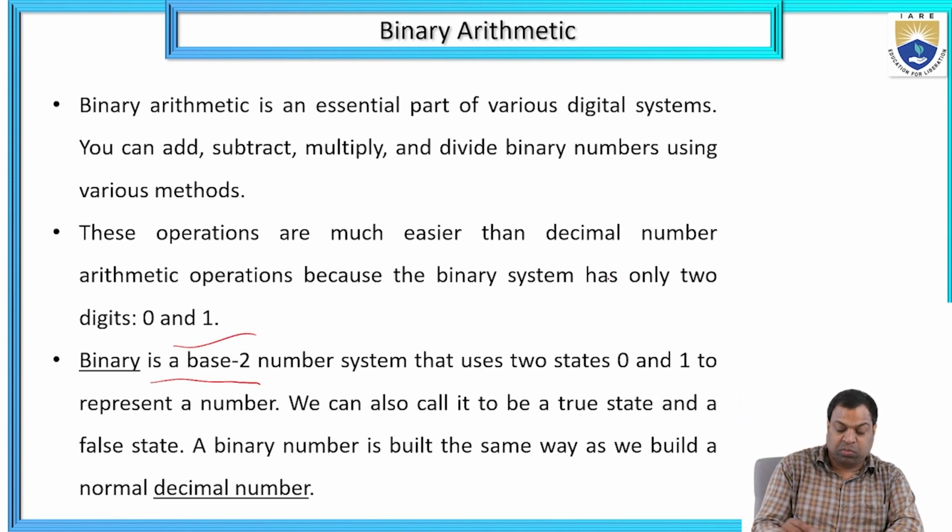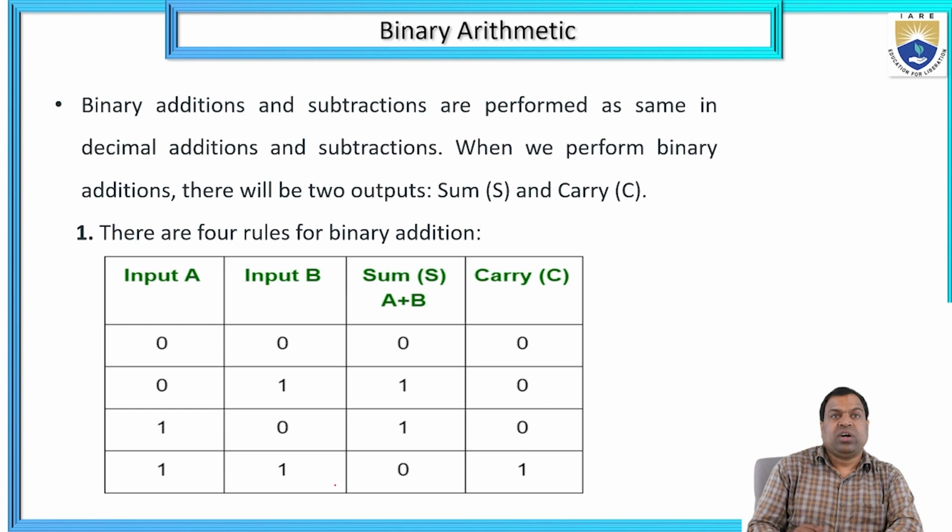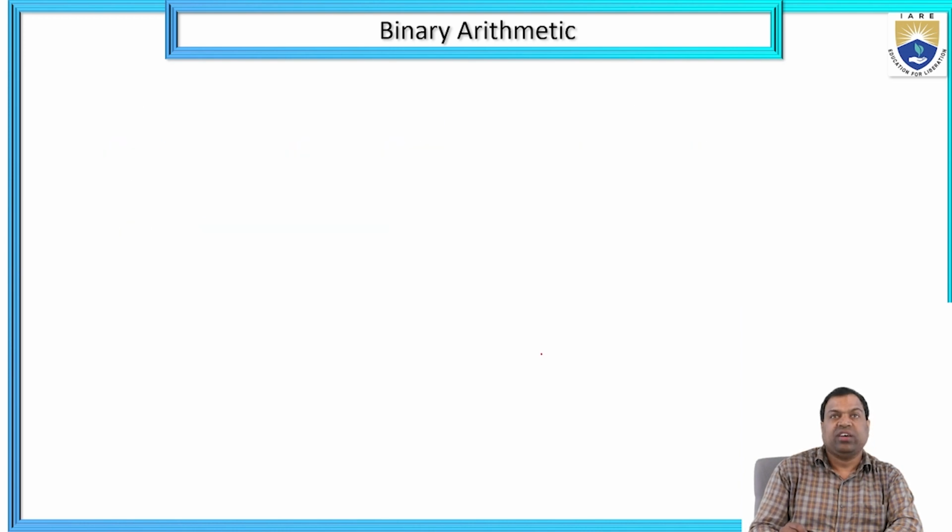When we go for binary, that is called base 2, and we take it as a 0 and 1 system. A binary number is built the same way as a normal decimal number. Binary addition and subtraction are performed in the same way as decimal addition and subtraction. So 0 plus 0, the sum equals 0, and what is the carry, like this.